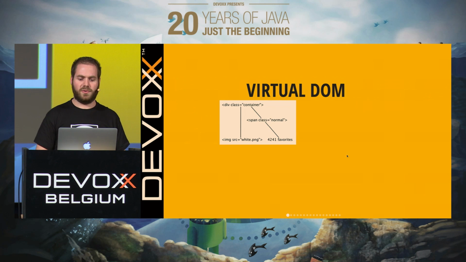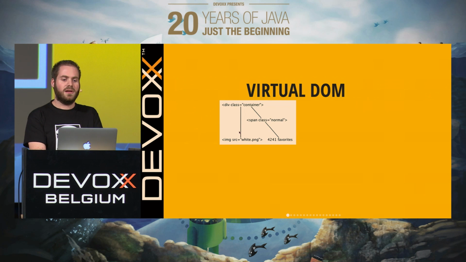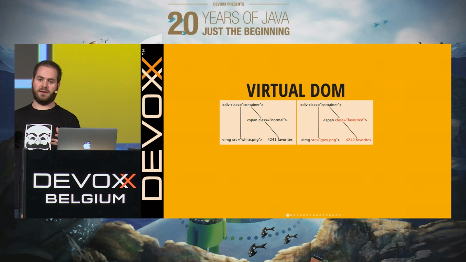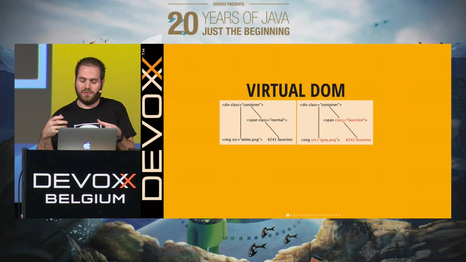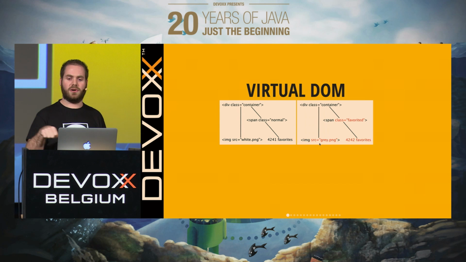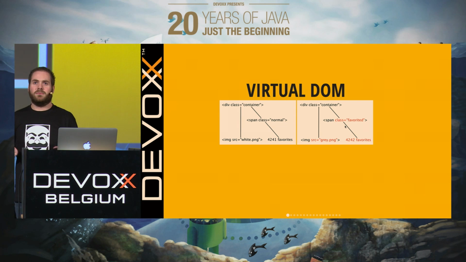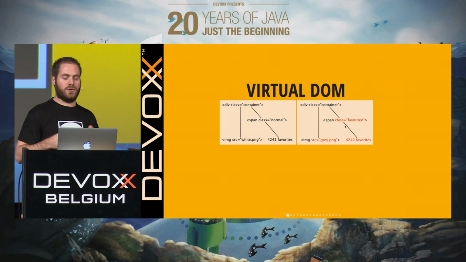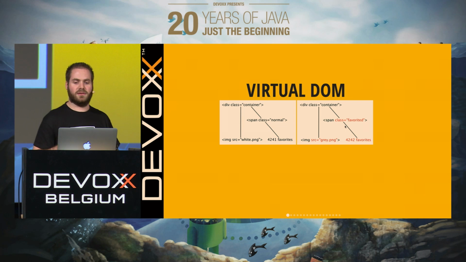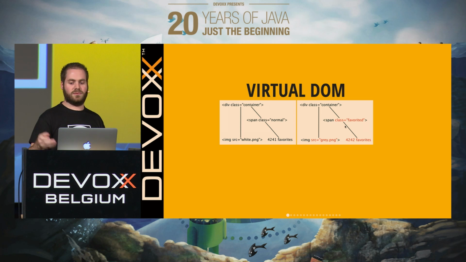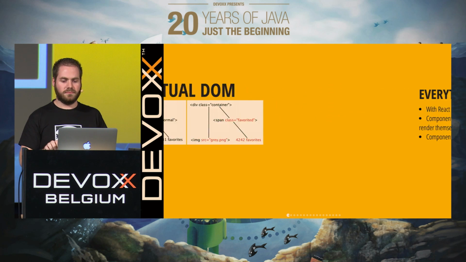For our component, we have a container, that is a div, an image, a span, and a text node. With the React virtual DOM, the only things that change when you toggle the button are the source attribute of the image, the class attribute of the span, and the text node inside the span. So the virtual DOM is just a technical trick that allows you to write simple code and be efficient at the same time, so that's cool.